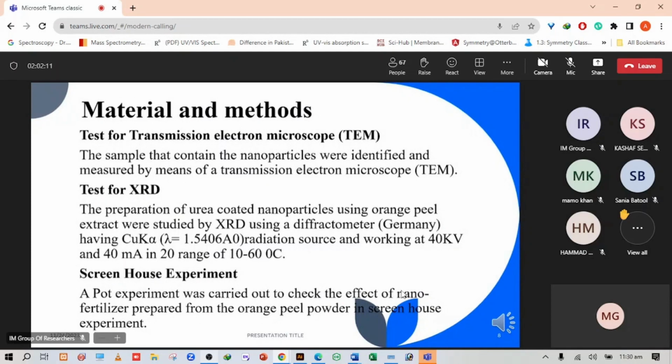Another test was the XRD for further confirmation of the nanoparticles, because different peaks were observed. After confirmation of the nanoparticles present in the orange peel powder, a screen house pot experiment was performed to check the effect of the nanofertilizer prepared from the orange peel powder.